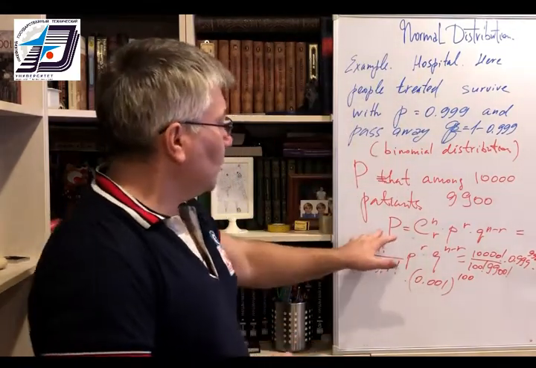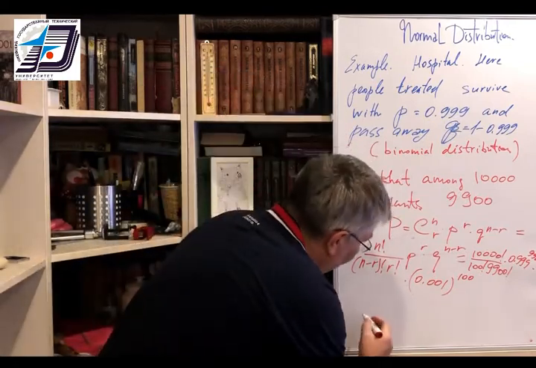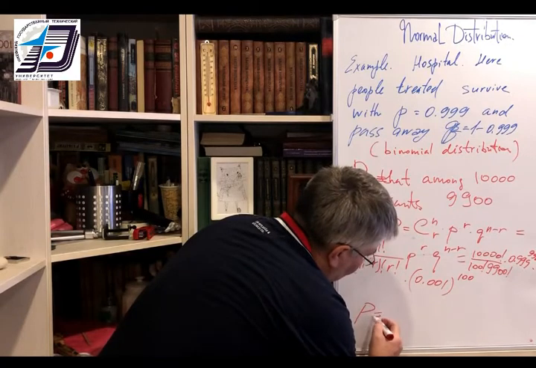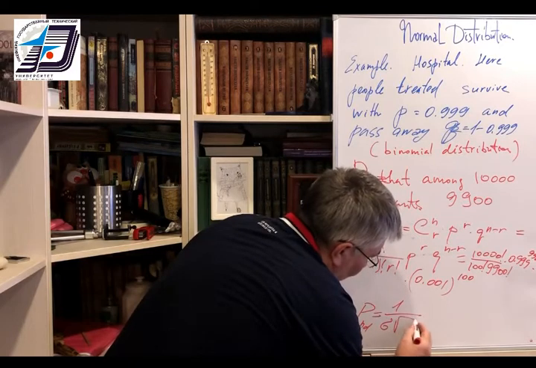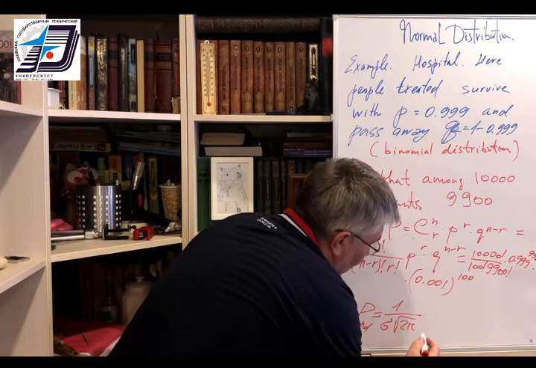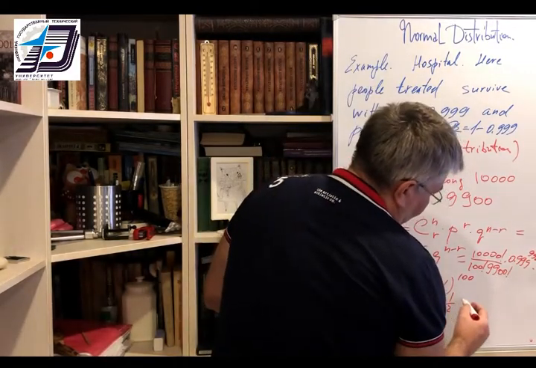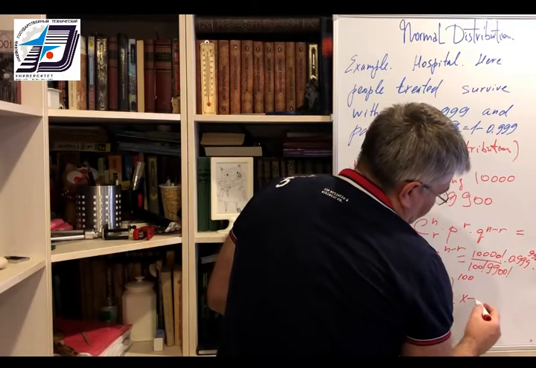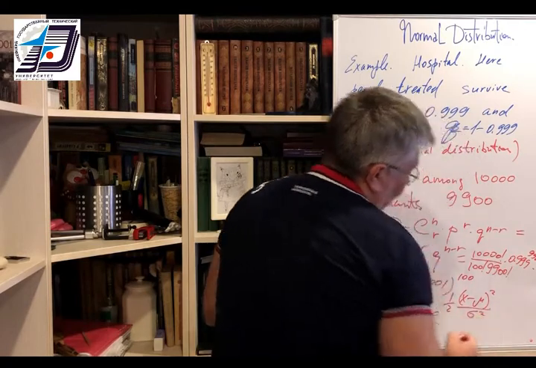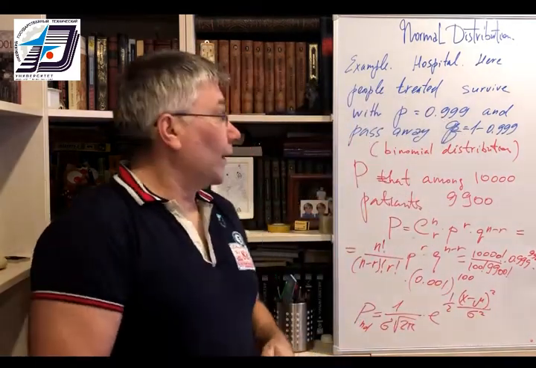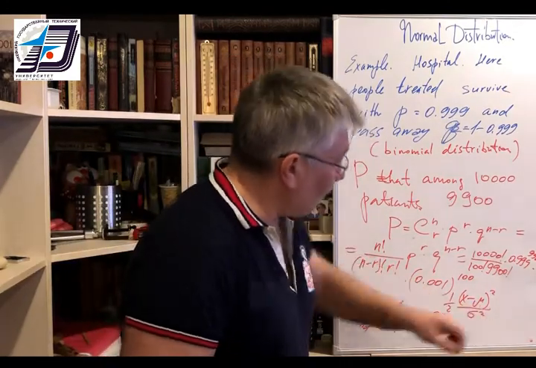But we can approximate this formula using the normal distribution. I can put it here: 1 over sigma square root of 2 pi times e raised to the power of minus 1 over 2 times x minus mu squared over sigma squared. We have to put here sigma and mu.